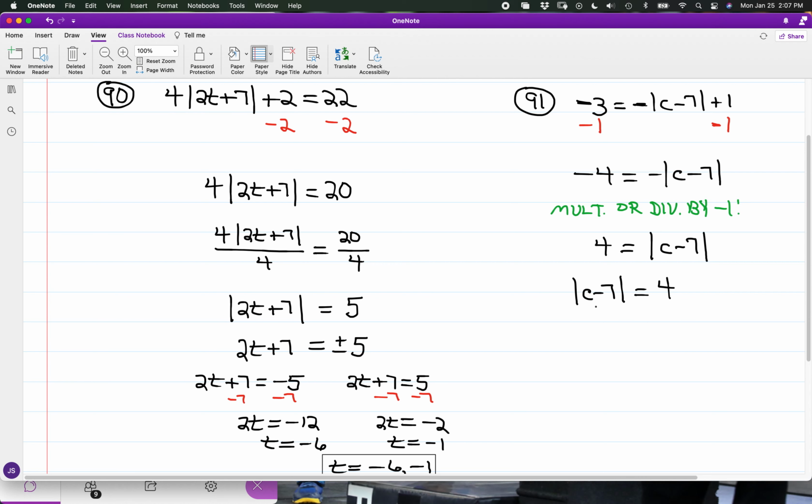And now, taking care of the absolute value bars, if we go from the absolute value of c minus 7 to c minus 7, I'm going to set c minus 7 equal to those values that will be 4 units away from 0. So again, if I have the absolute value of x equal to k, then that translates to x equals plus or minus k. So this will be c minus 7 is equal to plus or minus 4.